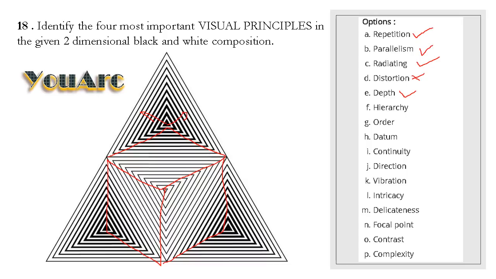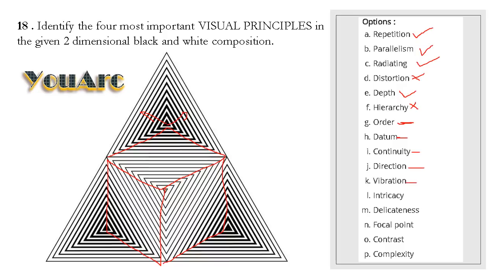Hierarchy, we don't have any hierarchy here, according to me. Order, yes, it follows some order, but I'll keep this as an option. Datum, yes, we don't have anything to be connected together, so I'll just keep this as an option. We don't have continuity here. Direction is not there.